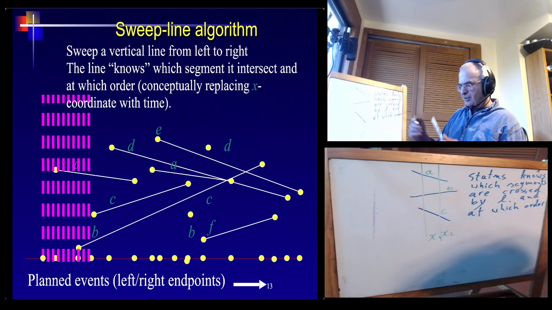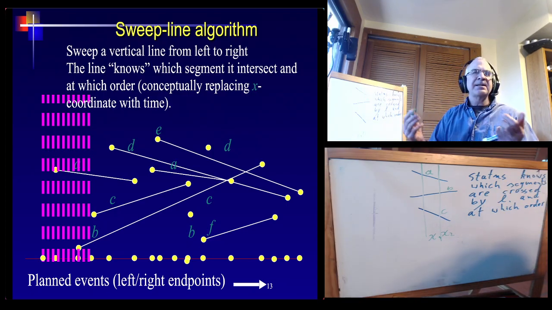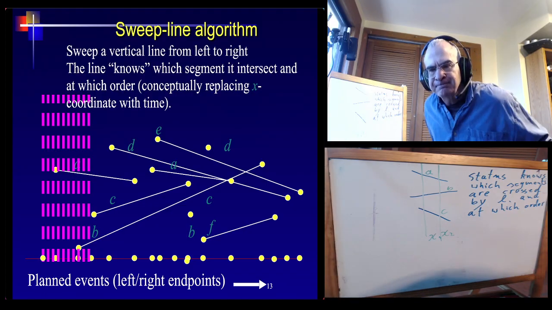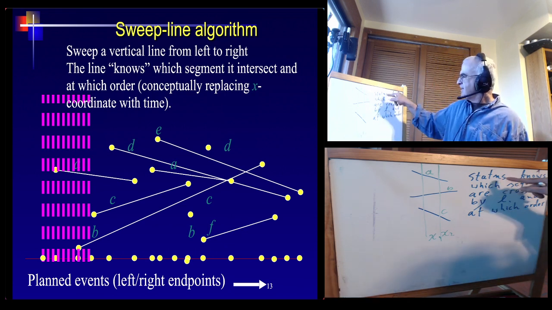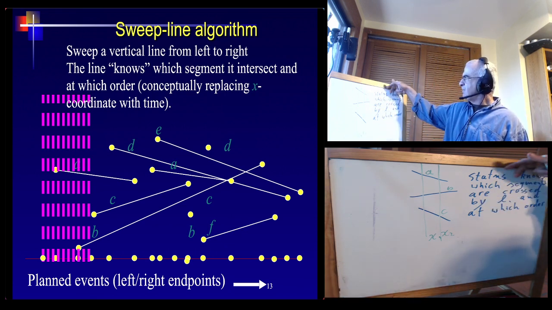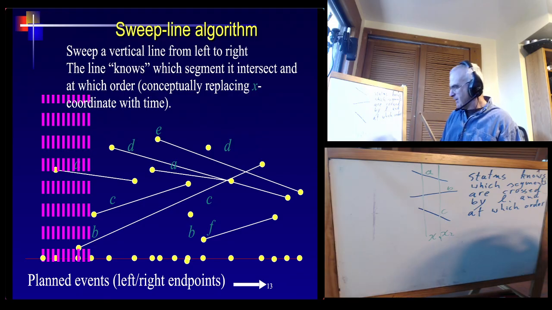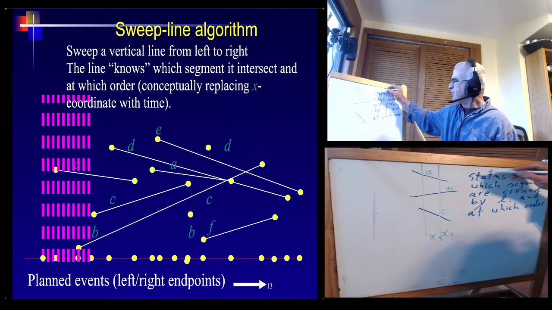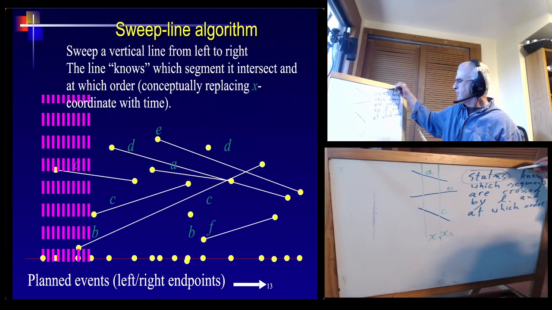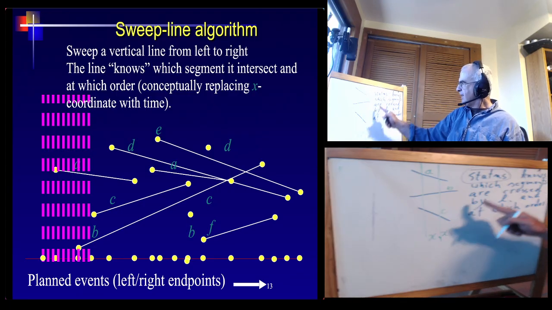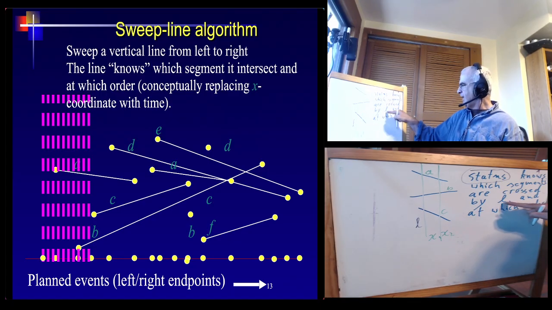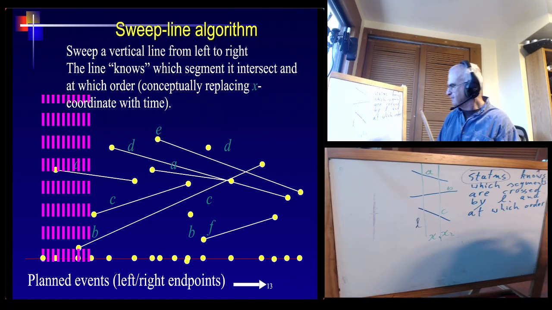The status, and it's a word, don't try to make sense of why we called it the status, because the status is this part of the algorithm. There will be a data structure that will help us in this, but the job of the status is to know what are the segments that are crossed by the sweeping line L, and in which order.